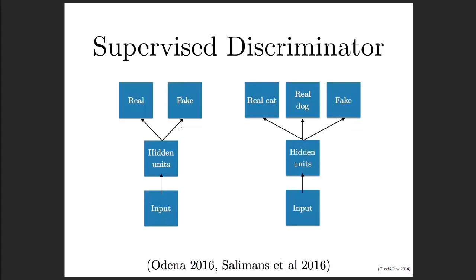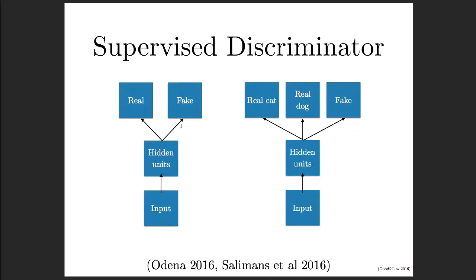One very interesting extension of the discriminator is to actually make it recognize different classes. And this allows us to participate in an important research area of semi-supervised learning with generative adversarial networks. Originally, generative adversarial networks used just a binary output value that said whether things are real or fake.